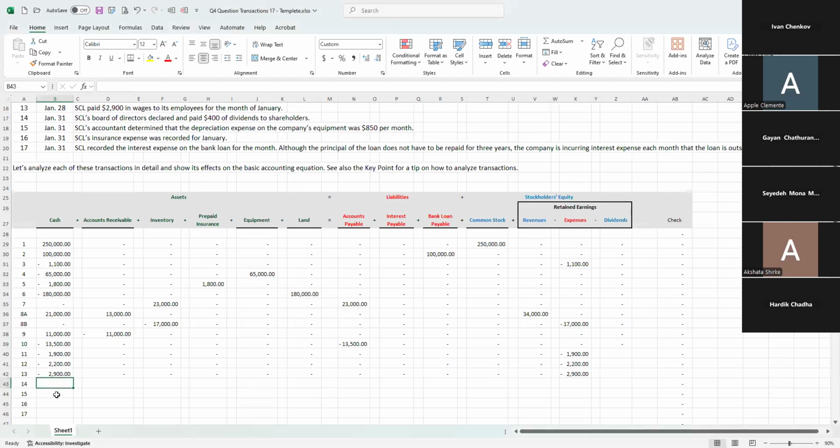What did the shareholders get? Cash. So if they have it, that means we don't have it. So we have to reduce our cash $400. And what did they get? Dividend, which is going to reduce our shareholders' equity. So minus 400 here. And we're in balance.